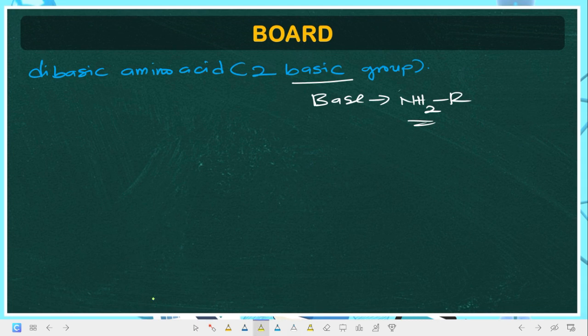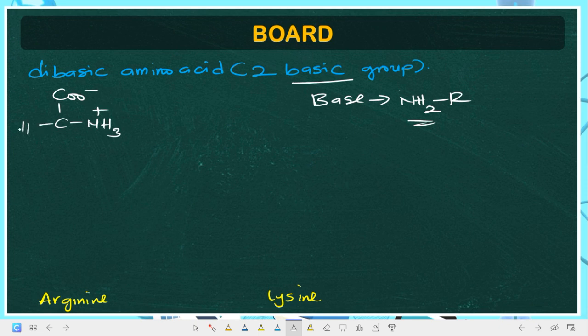Now let us go. Under this one we have two examples: arginine and lysine. Now I usually give a way to write this, because they are very long. First of all, we have COO negative, C, then NH3 positive, then H, then CH2. After writing the main group, before you add anything in the side chain, please write 3 CH2s so that you remember.